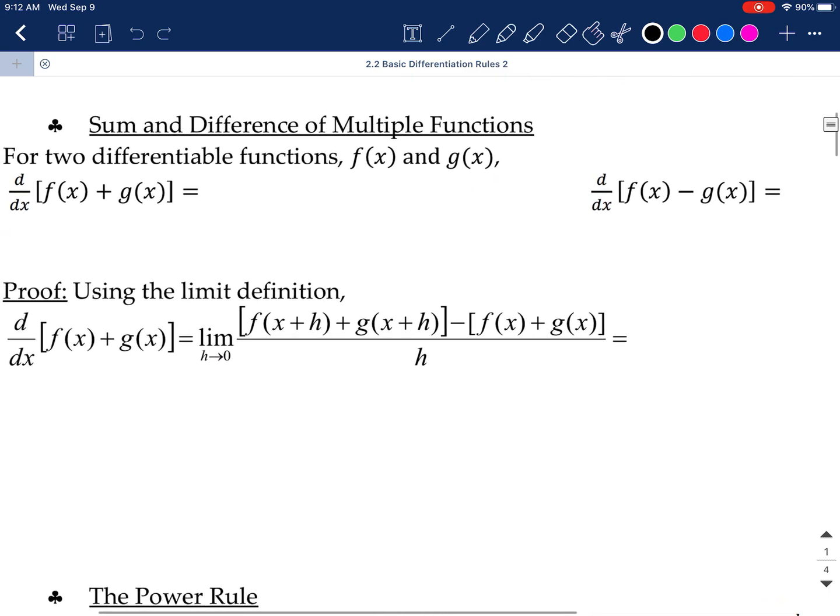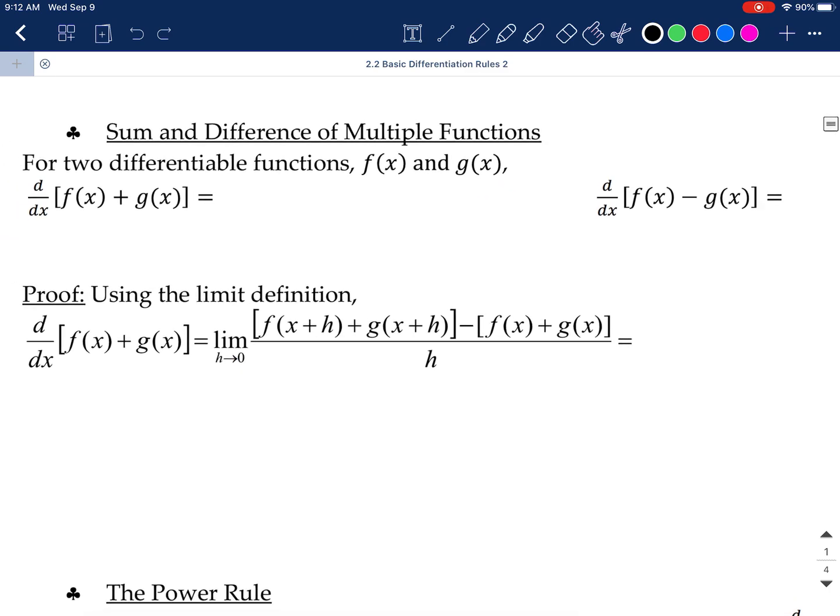And then similar to our limit properties for two functions that have limits that exist, in this case, we have two differentiable functions. If a function is said to be differentiable, that means the derivative exists on its domain, right? If it's not differentiable, it would have to have some sort of discontinuity or sharp turn or vertical asymptote of that kind.